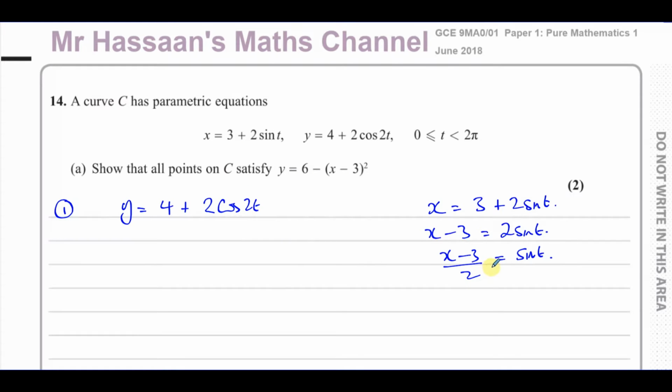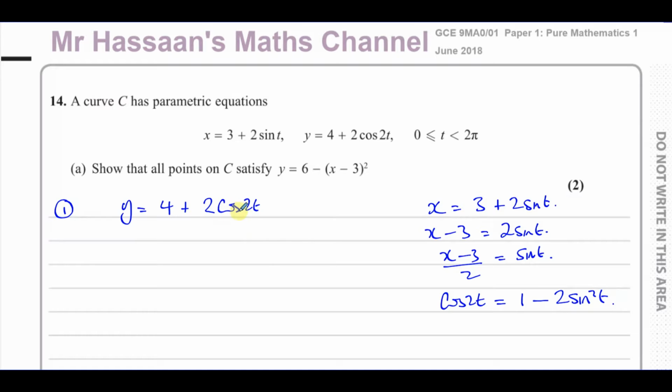So what I'm going to do now is think of cosine 2t in terms of sine. Now I know the double angle formula, the cosine of 2t, can be written as 1 minus 2 times sine squared of t. That's one of the identities we should know from the double angle formula. Right, the cosine of 2t is 1 minus 2 sine squared t.